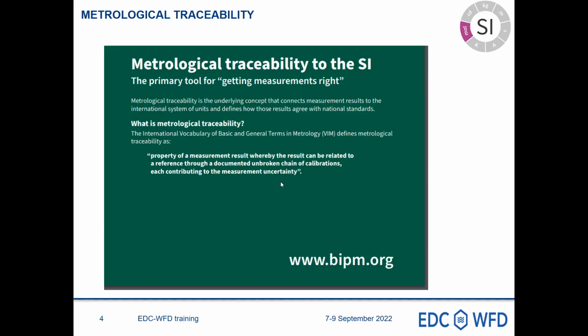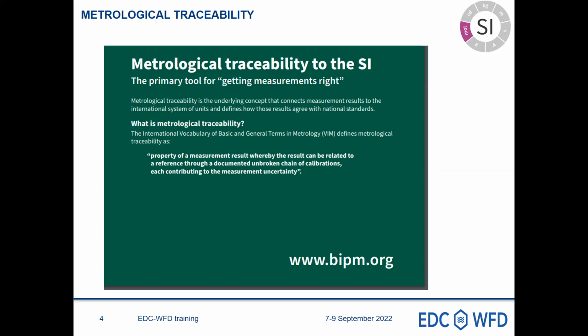So in the project, once again, a key reminder about the BIPM, the key pillar international organization that manages all the issues of traceability, and that provides a definition which is part of the International Vocabulary of Basic and General Terms in Metrology, also called VIM, which defines metrological traceability as a property of a measurement result whereby the result can be related to a reference through a documented unbroken chain of calibrations, each contributing to the measurement uncertainty.